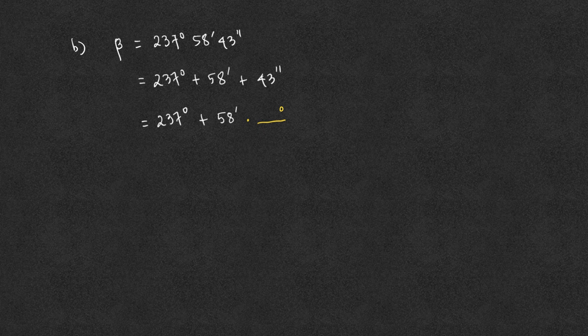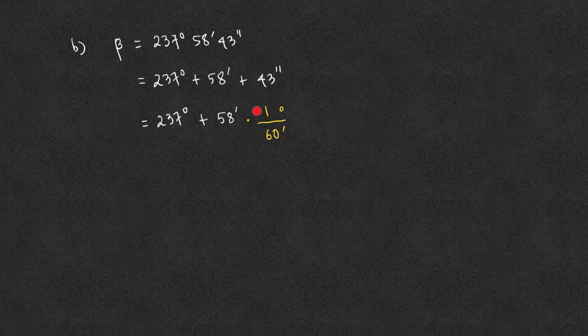The conversion unit is 1 degree equals 60 minutes. The reason why we put the degree in the numerator is that is the unit we want to end up with. If we wanted minutes, then we would need to put minute in the numerator.